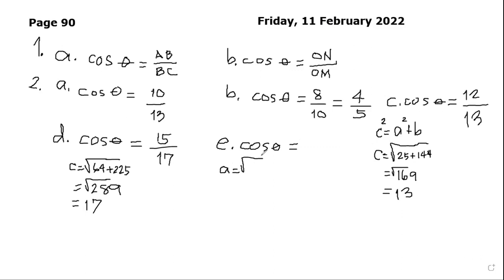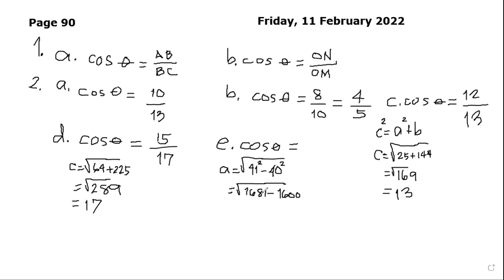So what is the hypotenuse? 41 squared minus 40 squared. So that is the square root of 1,681 minus 1,600.